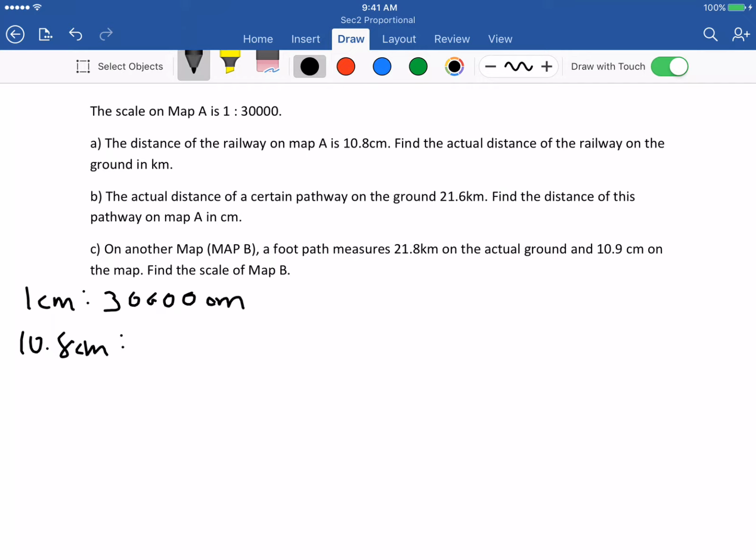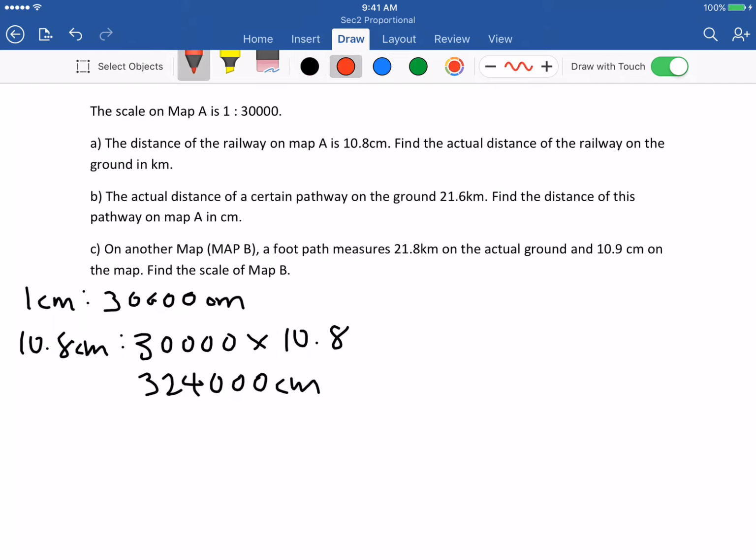1 cm is this one, so what will be 10.8 cm? We take 30,000 times 10.8. What's 30k times 10.8? It gives you 324,000 cm.